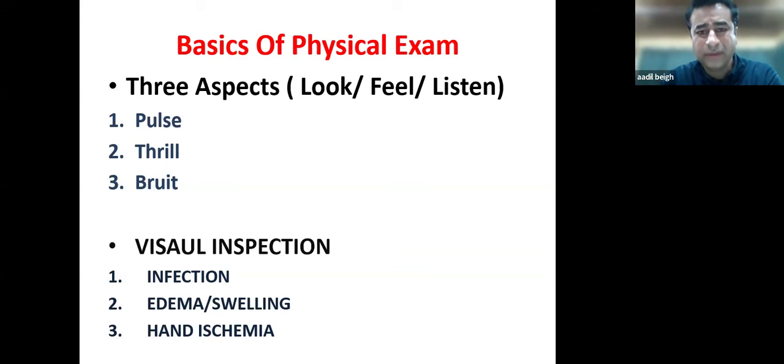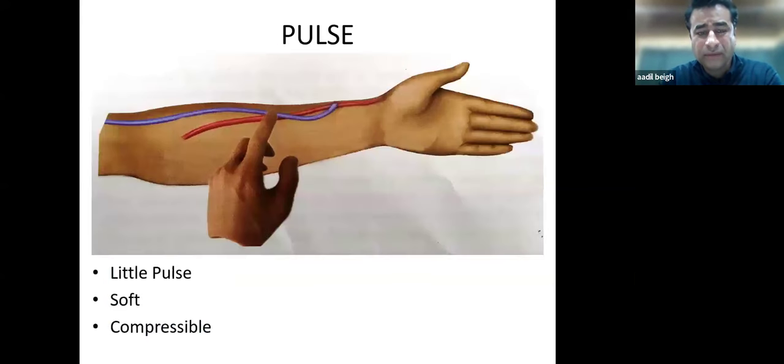We'll discuss those things. In visual inspection, we can see signs of hand ischemia, swelling, edema, induration, aneurysms, bulbs, other things, and infection also.